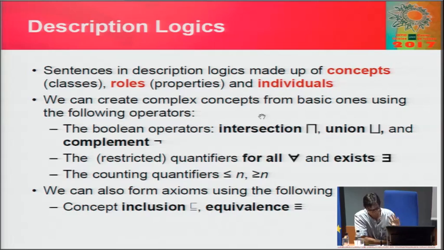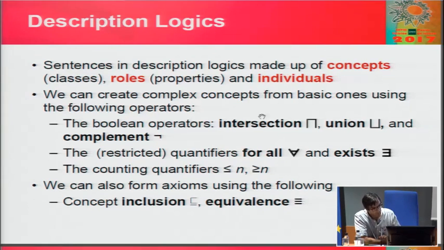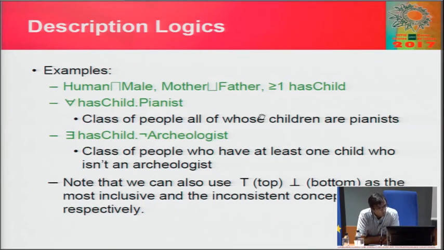So if this is all a little bit confusing to you now, I'm going to go through some examples just to make things clear. So, for example, say that we had the basic atomic concepts of human and male.